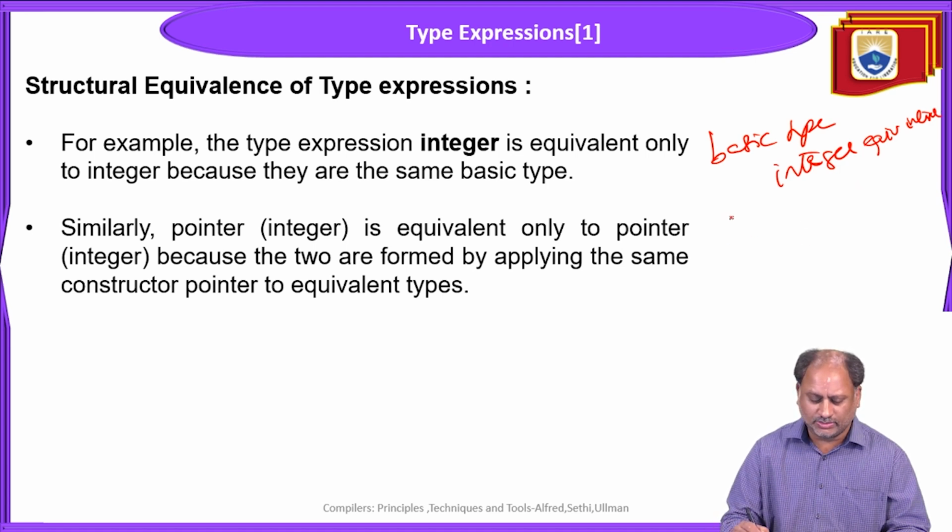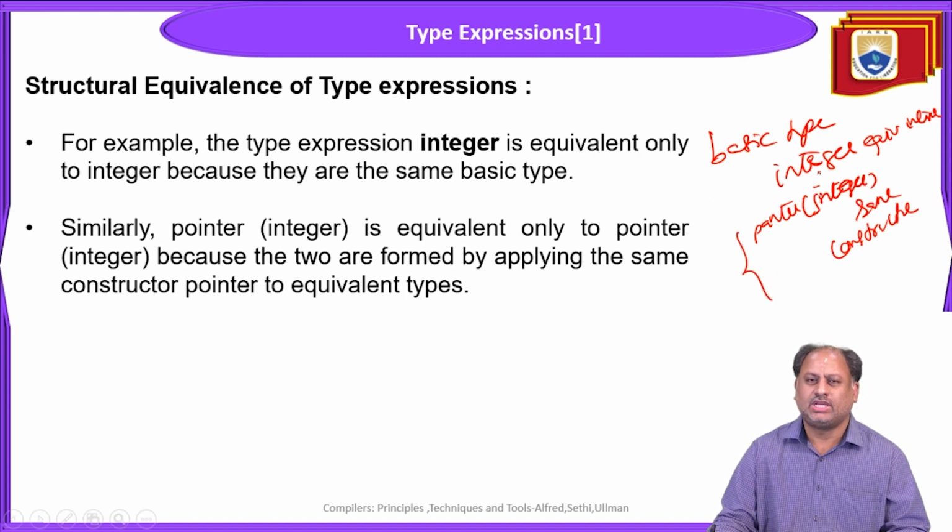Suppose the type is a constructor type or structural type, such as pointer of integer. If it matches the corresponding same constructor type, then these two are said to be structurally equivalent.